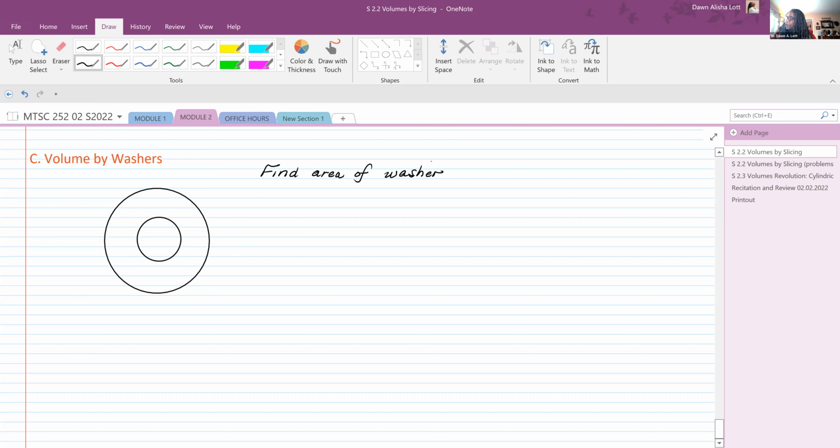I can do that by taking the area of the big circle minus the area of this little circle.